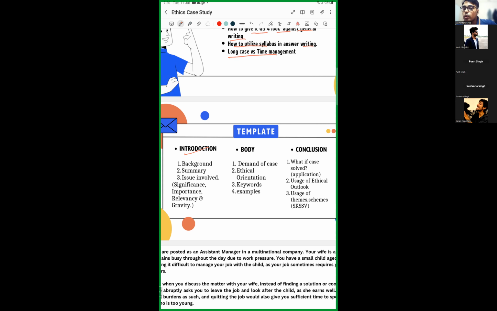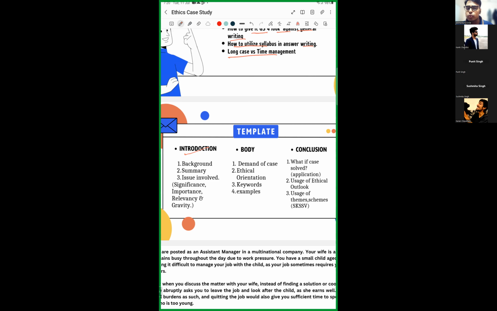Usage of ethical outlook, again keywords and examples. Third thing that we have to ensure, usage of themes and schemes. Themes and schemes is nothing but the extension of the keyword. For example, I have just mentioned a tagline, Sabka Saath Sabka Vishwas. If you talk of this, you are ensuring that inclusiveness is there.